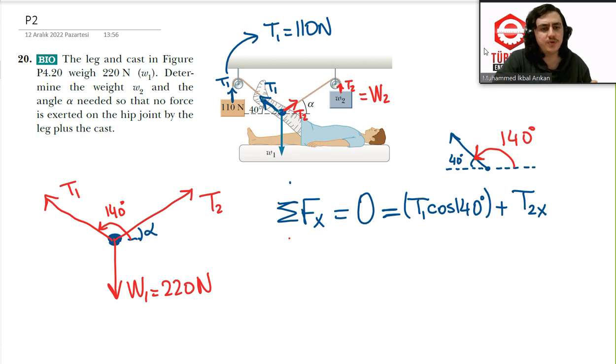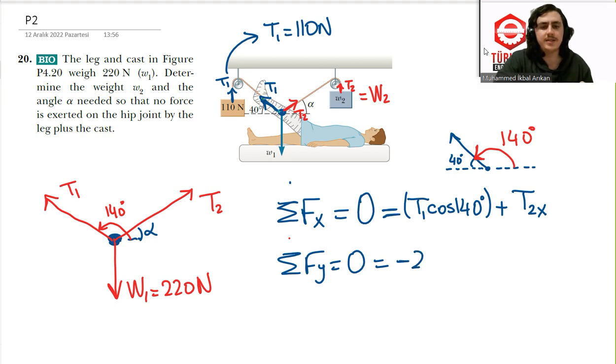But I will just put here T2x. You will see why I'm putting T2x, because I must calculate the x component, then the y component, so I can calculate the alpha. The alpha will be easily calculated, but firstly I must know this one and T2y, so I will be able to calculate the alpha. Let's put the other axis. So I will have this equilibrium case, which is static case in the second axis, which is the y-axis.